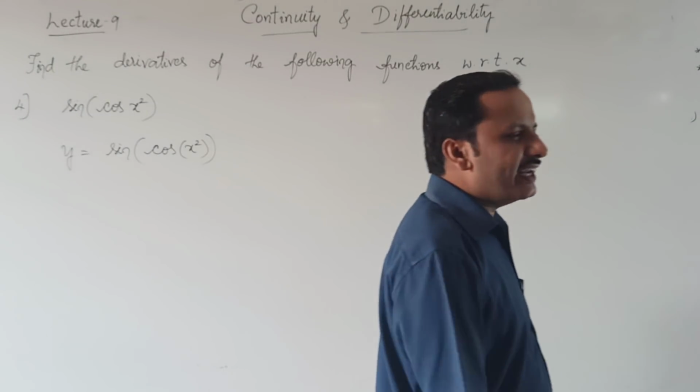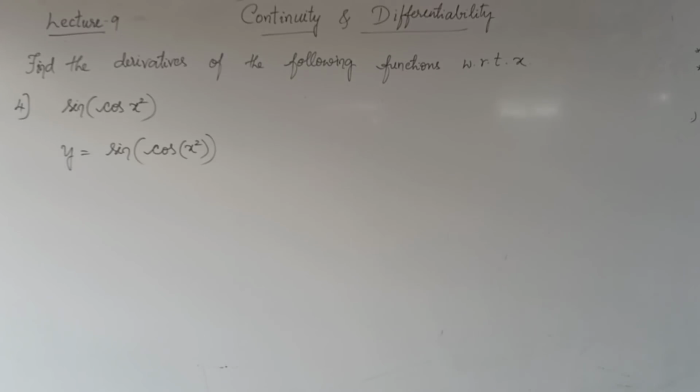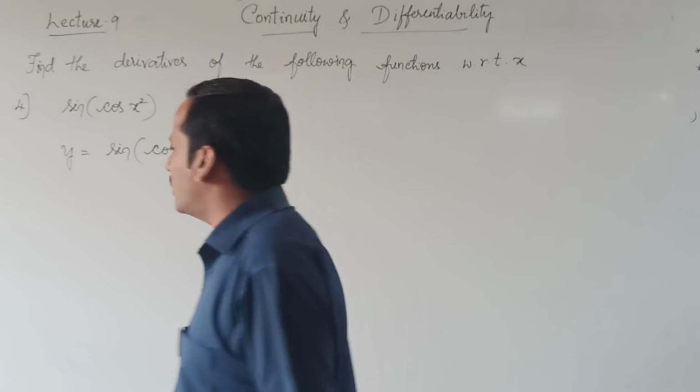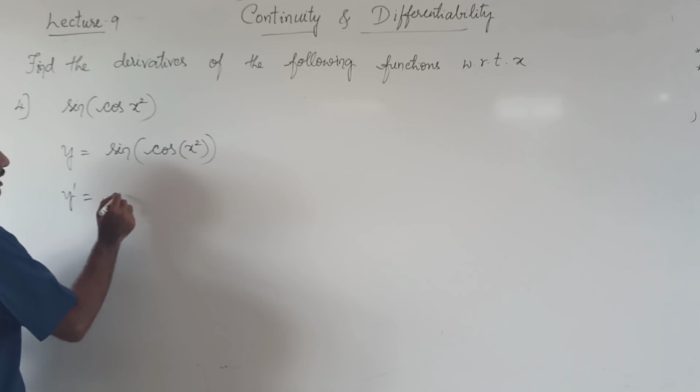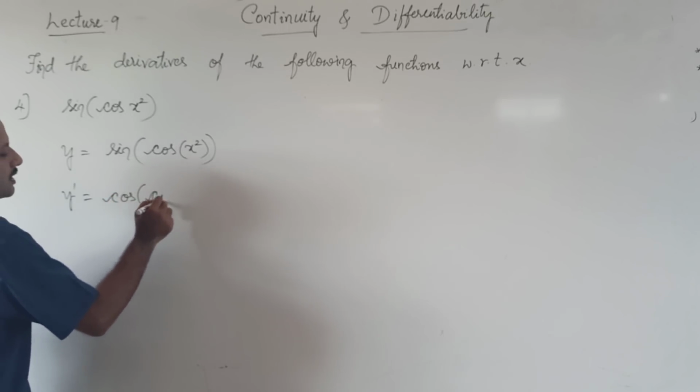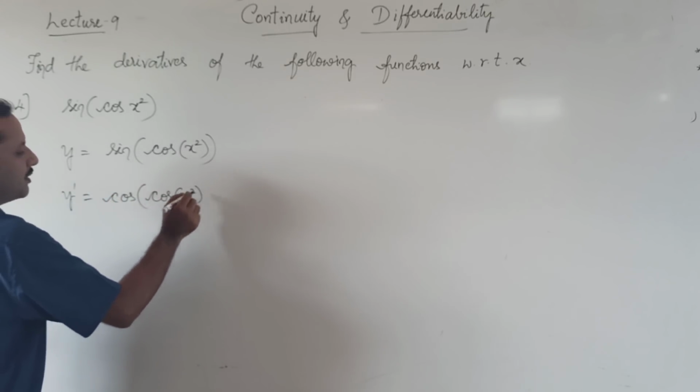We can imagine this as sine x. What is the derivative of sine x? The derivative of sine x is cos x. So the derivative of sine of cos x square will be cos of cos x square.